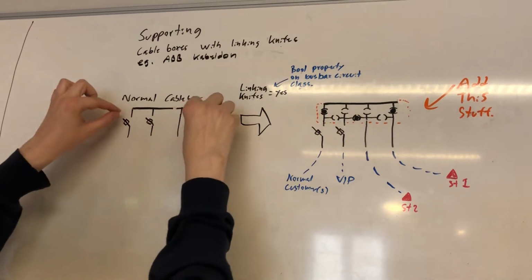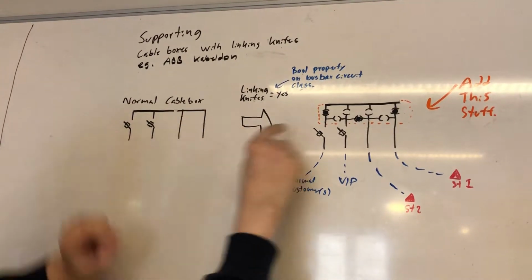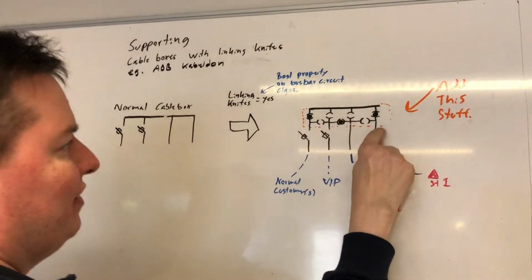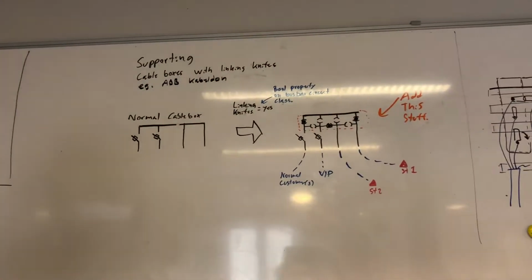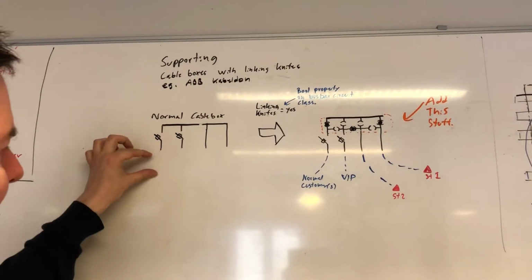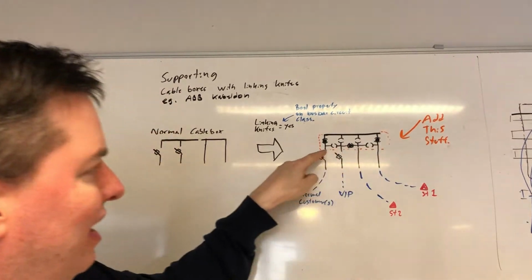You can imagine we put something in between here, the bus bar here. So the orange stuff here, we add. Does it make sense? We basically move this down and put all this stuff inside it.